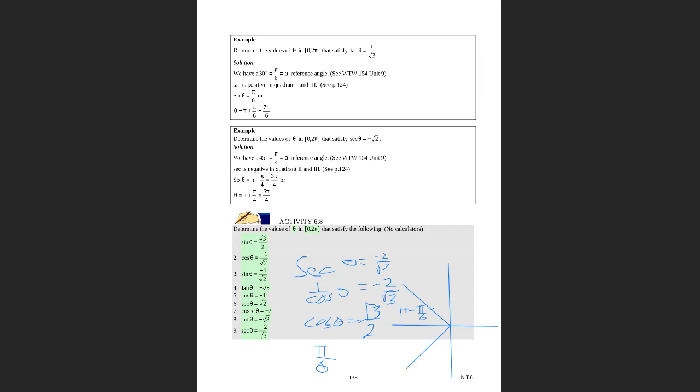We will get 5 pi over 6. Then here you are going to get pi plus pi over 6. We are going to get 7 pi over 6.